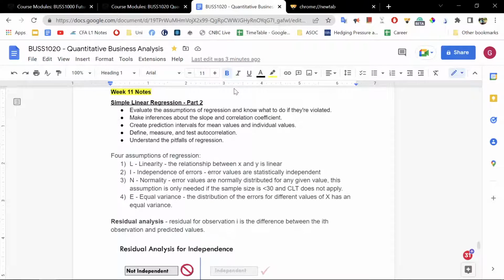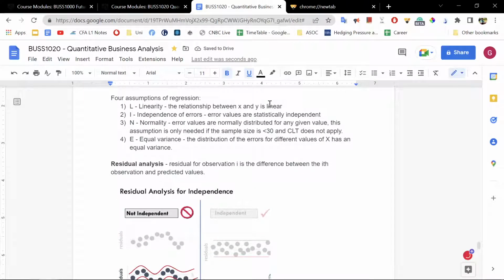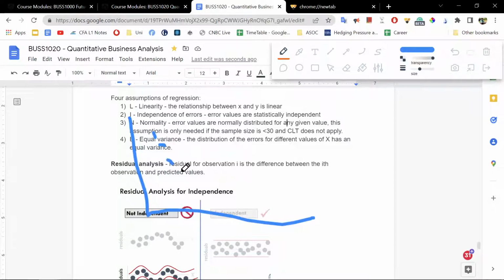We first talked about some assumptions that must hold true in order for linear regression to take place. The first thing is we assume linearity. So we assume the relationship between x and y is linear. The reason we do this is if we see data such as this, we can obviously see that this is quadratic, right?